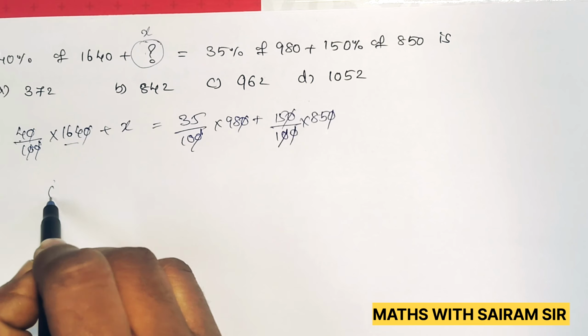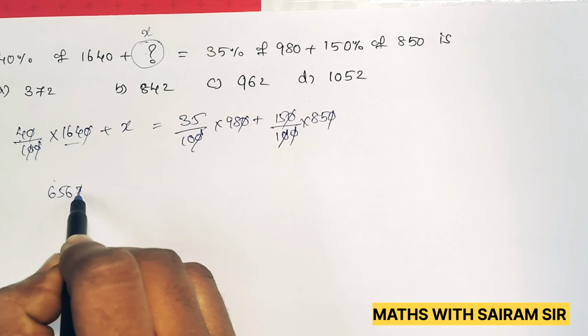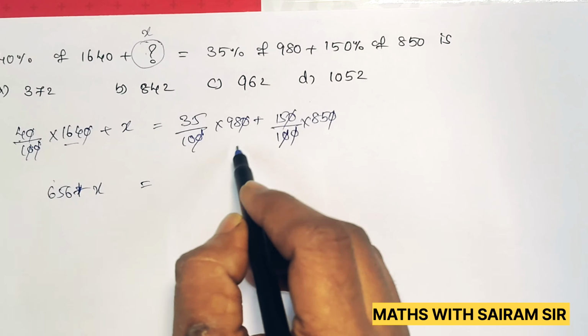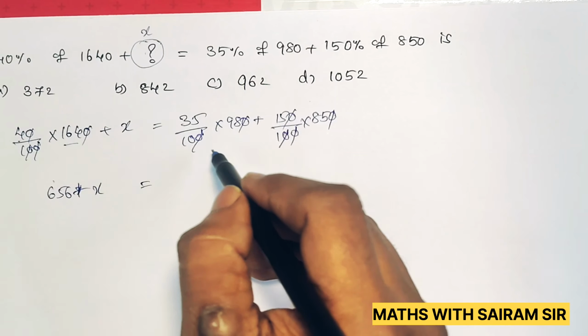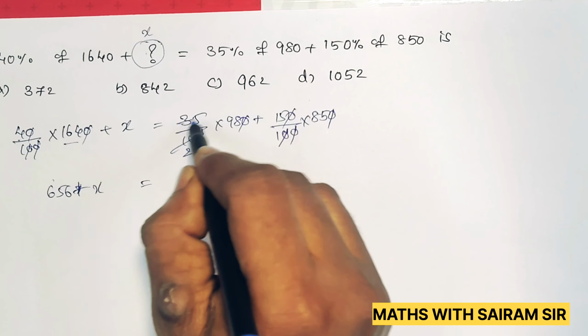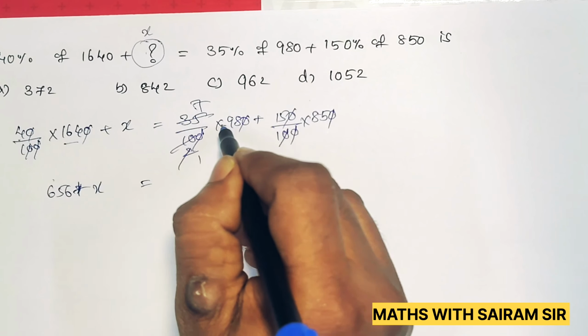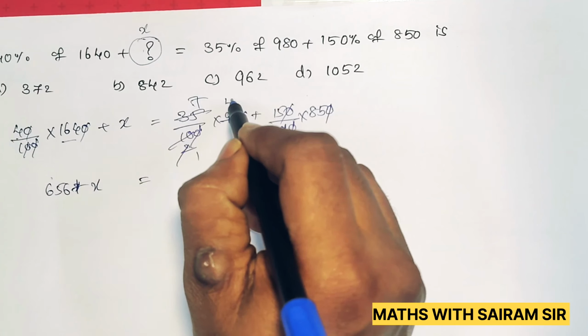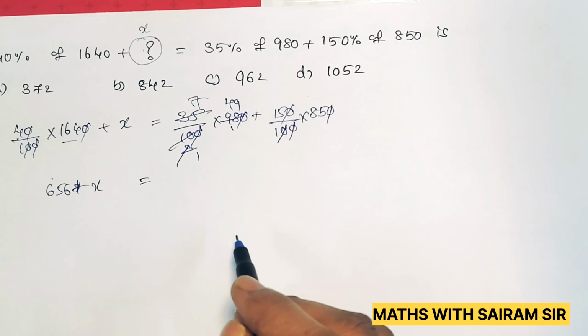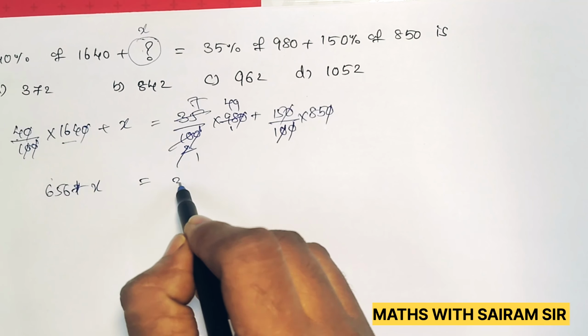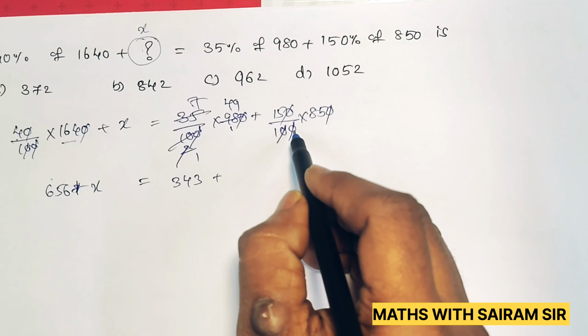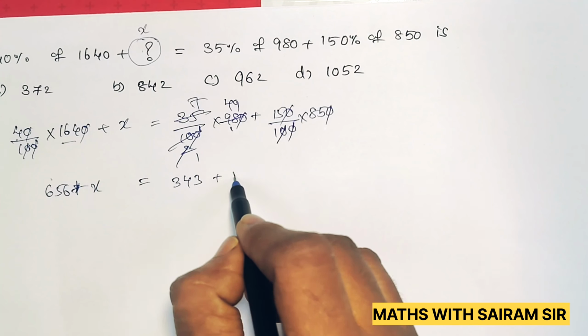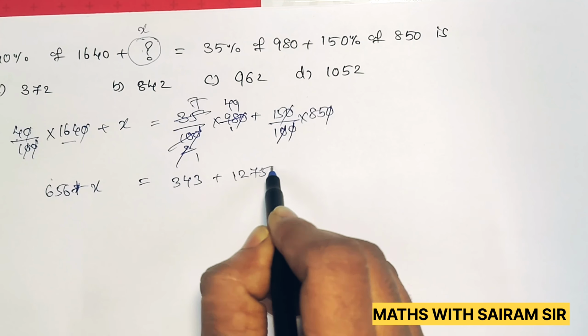4 into 164 is 656, plus x, that gives you, okay, 5 2s are 10, 5 7s are 35, 2 1s are 2, 4 2s are 8, 1 left 9, 49 7s are, that is 343, plus 15 into 85, that is 1275.